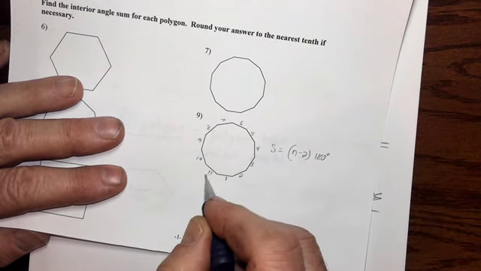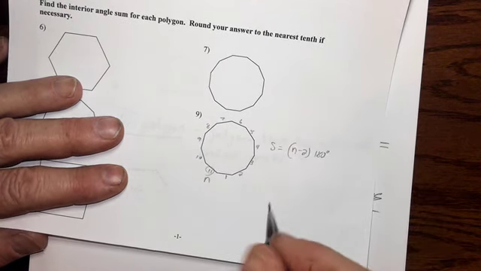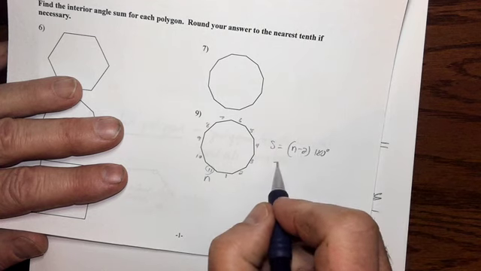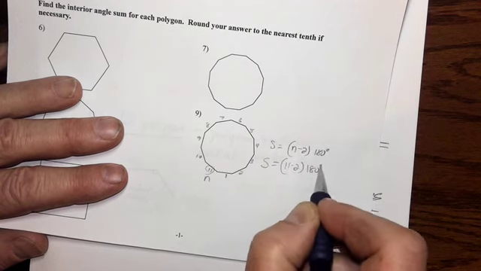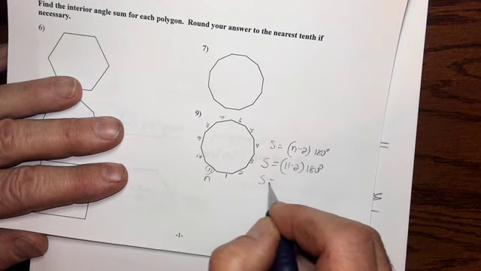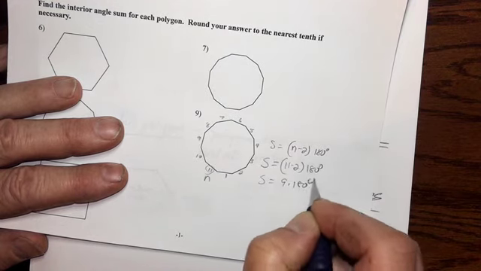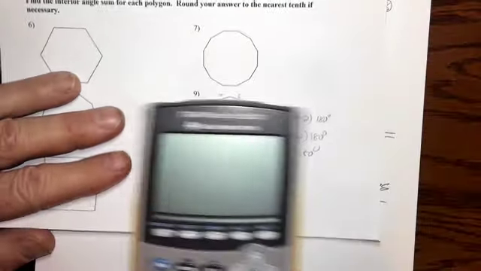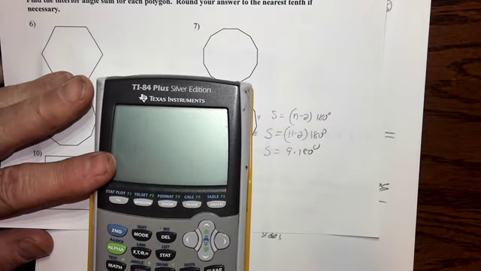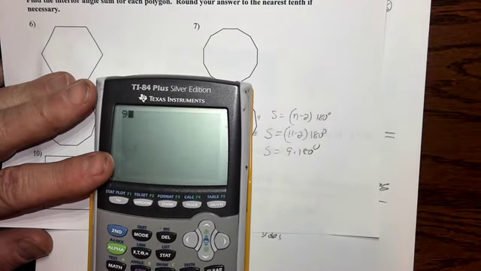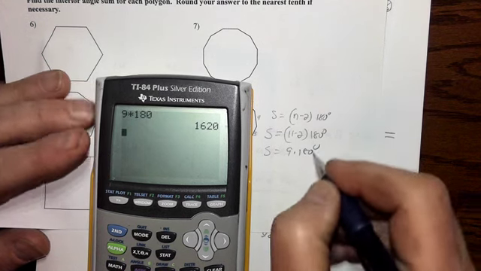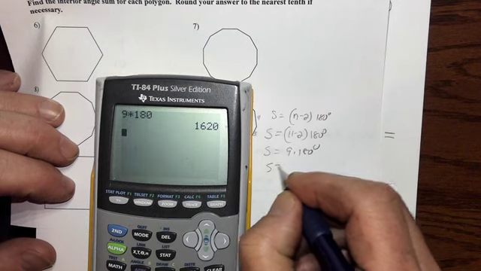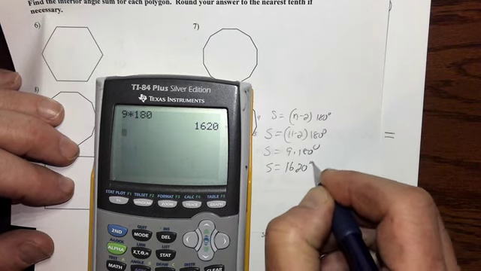This is n. So 11 minus 2 times 180, which is 9 times 180. You just take your calculator and go 9 times 180, and it equals 1,620 degrees.